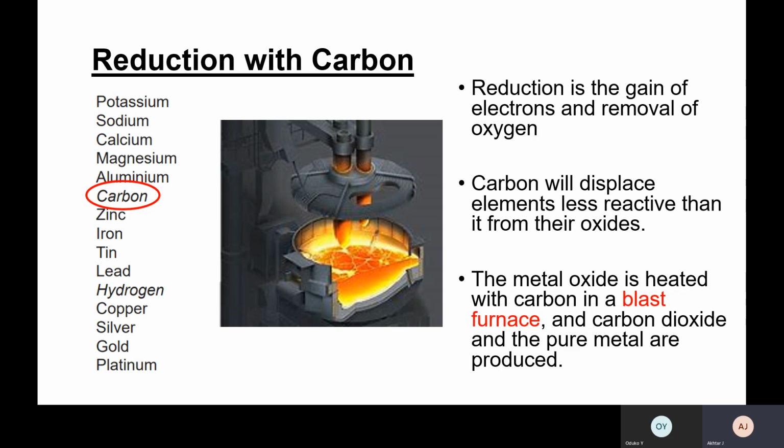So just remember, guys, there's two meanings for reduction. It's the gain of electrons, which we'll be looking at in a minute, and the removal of oxygen. So we can remove oxygen from metal oxides by heating them in a blast furnace with carbon. Okay, so this is our first chemical process that you need to know about.